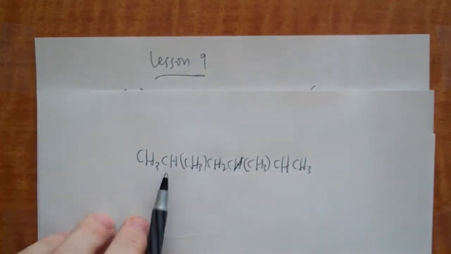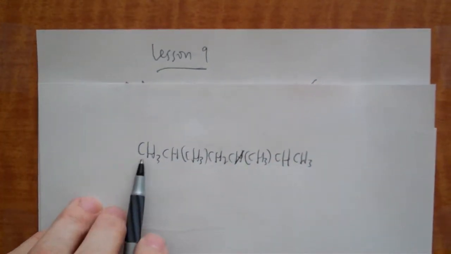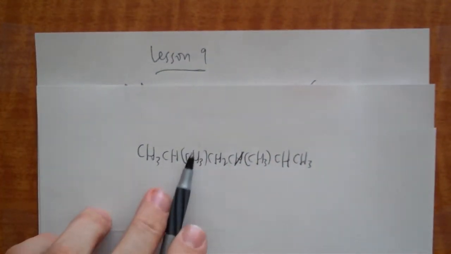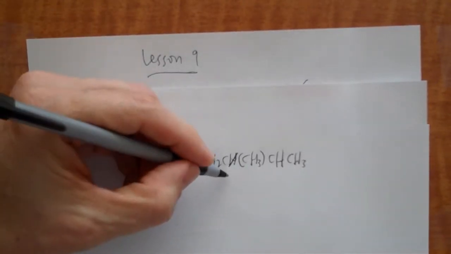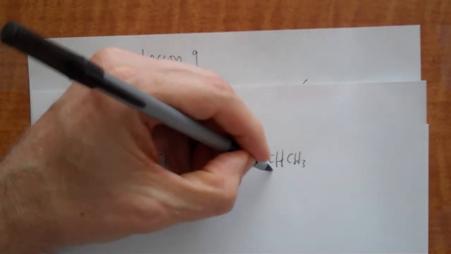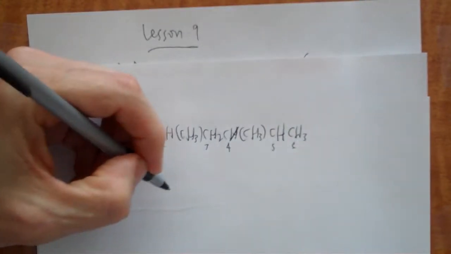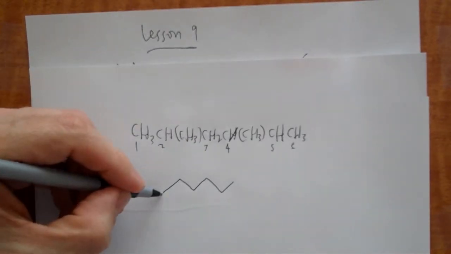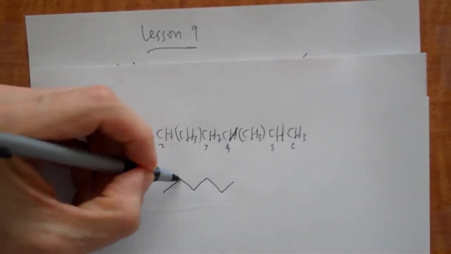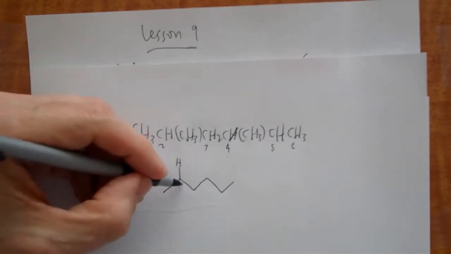Okay? Let's draw this out and see if this exhibits cis-trans isomerism. 1, 2, that's going to be a branch, so it's carbon 1, carbon 2, there's a branch, there's 3, 4, there's another branch, 5, and 6. Okay? 1, 2, 3, 4, 5, 6, and carbon 1, I've got 3 hydrogens. Carbon 2, I've got a hydrogen and a methyl group.